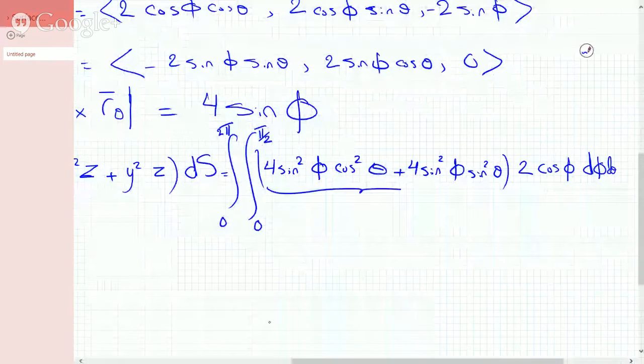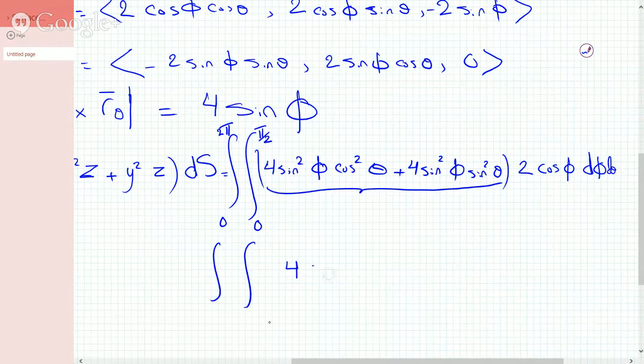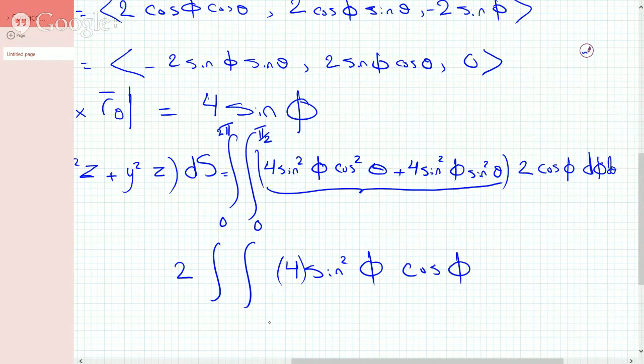And notice here, if you factor out 4 sine squared phi, you get cosine squared plus sine squared, which is 1. So this really runs you down to just 4 sine squared phi times 2. We can pull this 2 out. We can also pull this 4 out. Cosine phi d phi d theta.